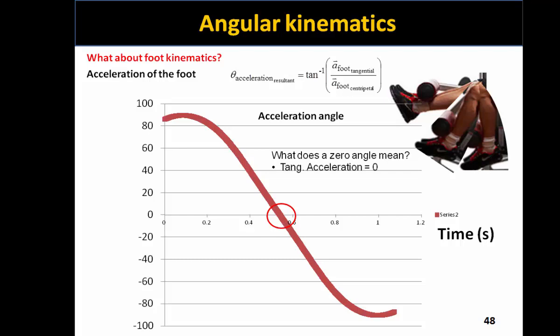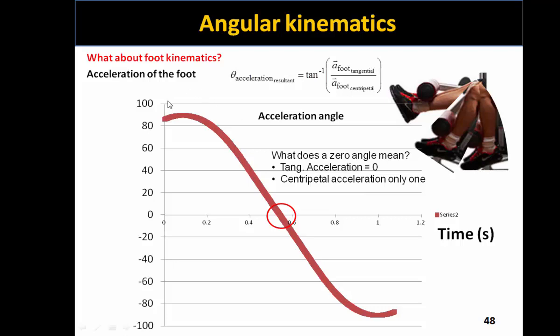It basically tells us that with an acceleration angle of 0, the resultant acceleration vector is perfectly aligned with the rotating segment, meaning that the tangential acceleration vector is 0, and the only acceleration vector that is present is the centripetal acceleration value. And recall that the centripetal acceleration value is a function of the velocity of the rotating segment.